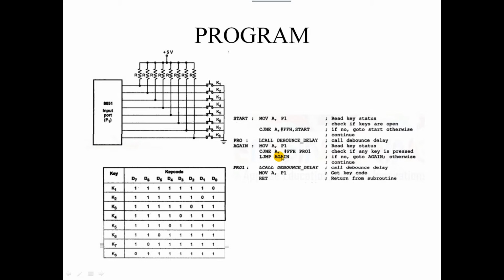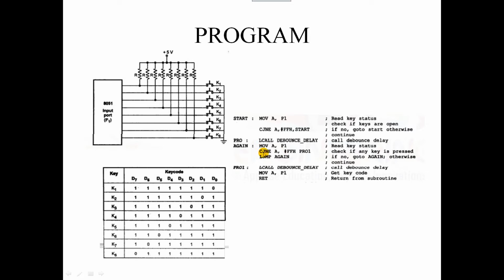Again the checking is done with FF against the data in the accumulator. If this comparison gives a negative answer, it will again check whether the particular key is pressed or not.